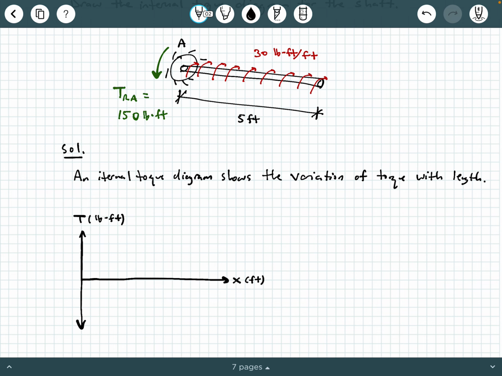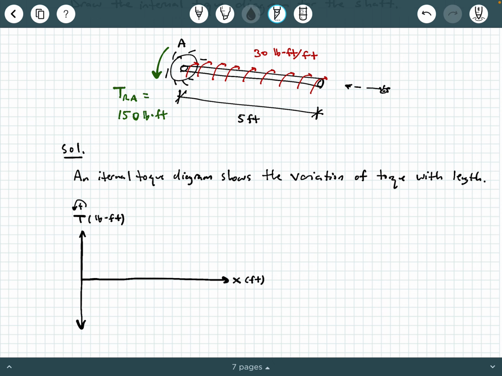So here I'm going to say going counterclockwise is positive, and I'm going to base this on a viewpoint that I'm going to establish right about here. So let's say that we stick a little eyeball here, and we're looking towards the end of the shaft. And so things going counterclockwise from this viewpoint are what we're going to call positive, all right?